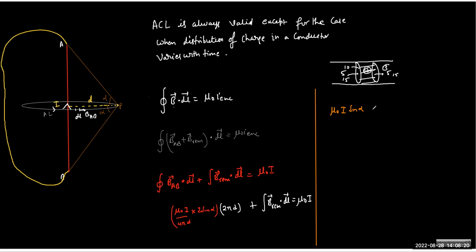So you can see what you are getting is mu naught I sin alpha. The rest will cancel out. Plus B remaining. We have no idea about B remaining, so we cannot integrate this part, but we can know the entire answer, which is mu naught I minus mu naught I sin alpha.